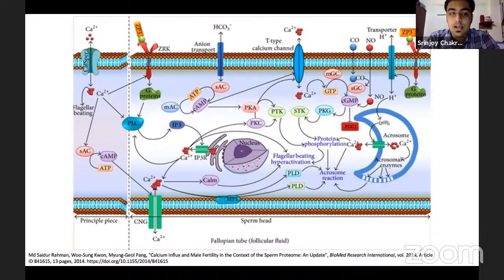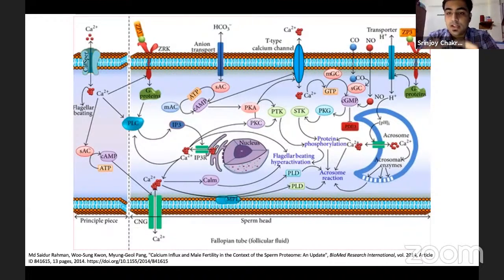What we know right now is that the calcium ions enter the sperm cells and directly interact with the soluble adenylyl cyclase, which is responsible for the conversion of ATP to cAMP. cAMP directly interacts with the protein kinase A or PKA pathways, which in turn regulate flagellar beating, hyperactivation, and the acrosomal reaction.